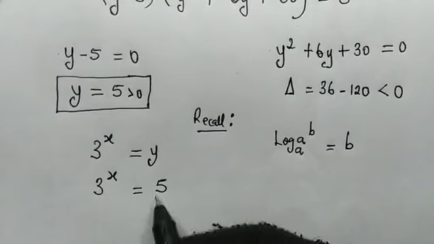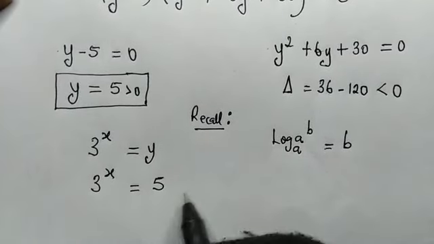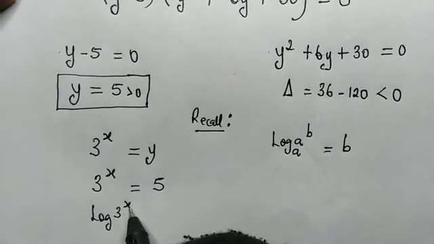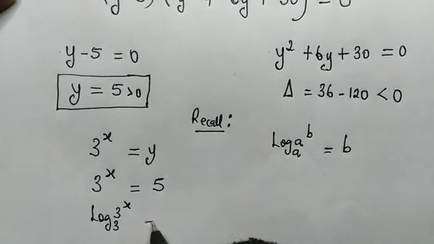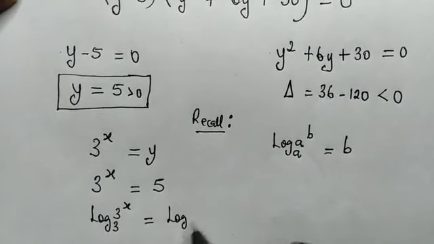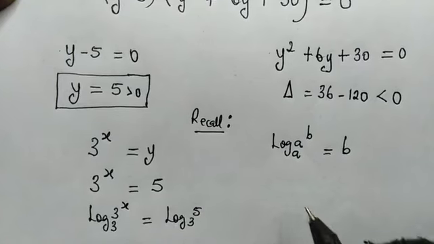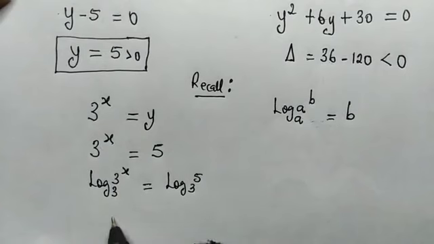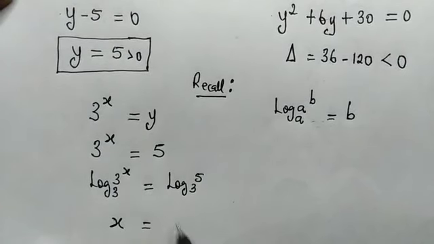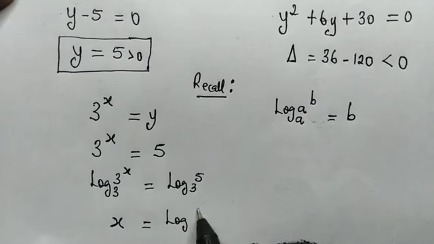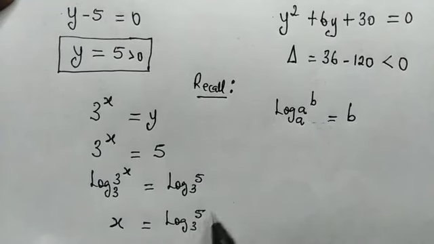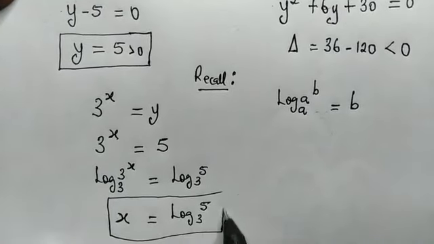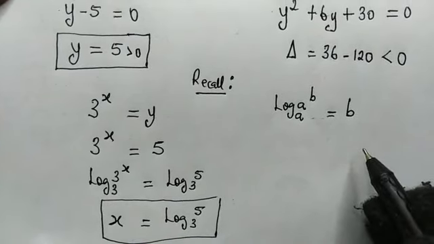So here we're going to log both sides, but the log must be in base 3. So we have log of 3 to the power of x to the base 3 equal to log of 5 to the base 3. With this property, this will become x. Then x is equal to log of 5 to the base 3, and this is the only real solution that satisfies the equation.